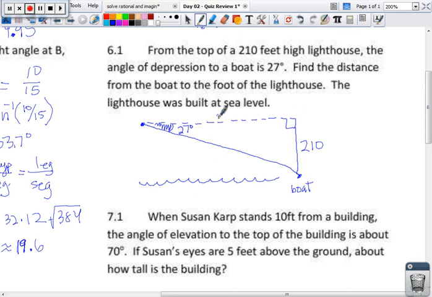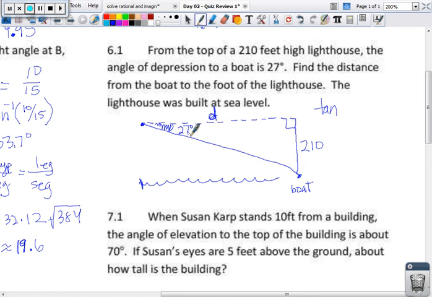So we want to know D, the distance from the boat to the foot of the lighthouse, which would be this distance along the water, but because your triangle's in the air, we're going to find the distance in the air. So the key is putting this angle up here floating in the sky, not here with the lighthouse.